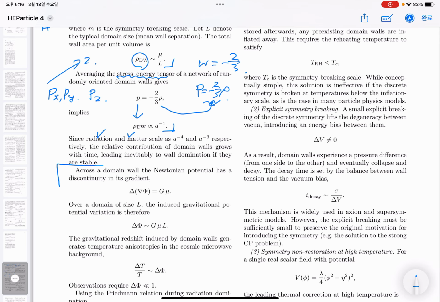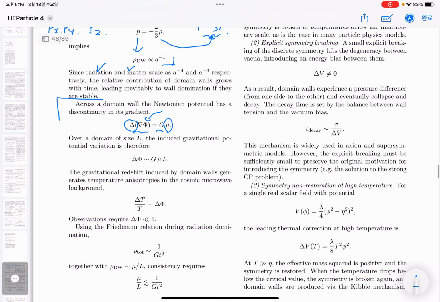To evaluate the domain wall problem, one can consider how the domain wall affects observational implications. The domain wall generates a Newtonian gravitational potential because of this discontinuity. For the gradients of the gravitational potential, the discontinuities along the domain walls are easily represented by the surface tension and the gravitational constant.